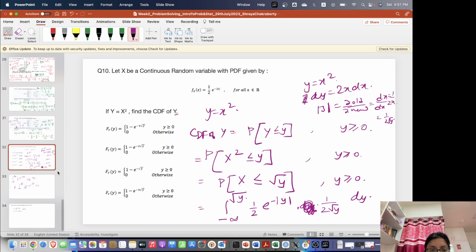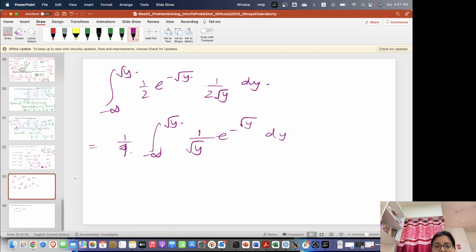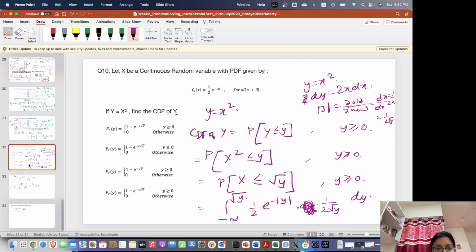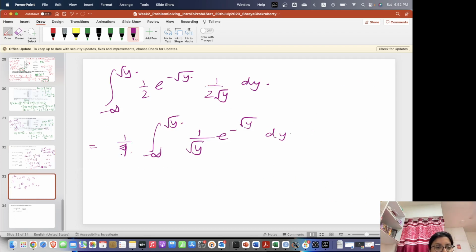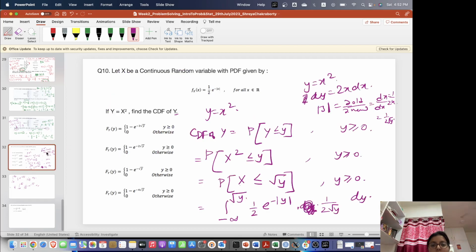There's a problem I'm doing. Can anybody identify where the problem is? This thing will not be present somehow. Okay, was this question covered the last time?